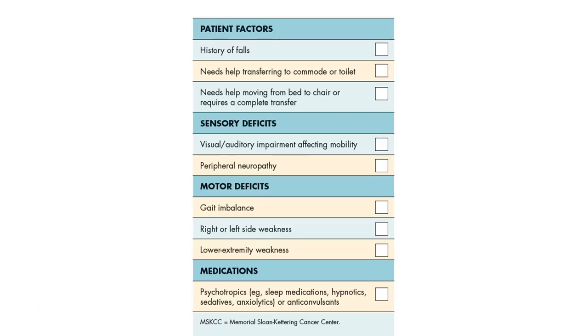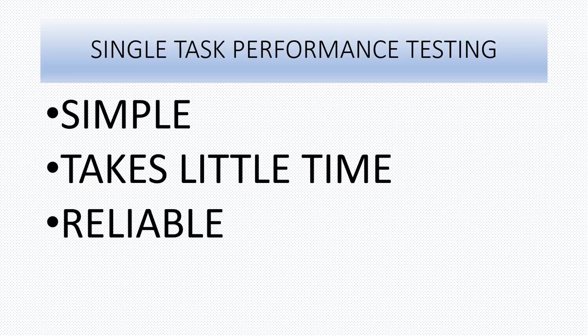Do they have a hemiparesis? Do they have weakness? Are they on drugs that can affect their gait? So you can make this as simple or as complex as you feel is compatible with your style of practice, but some form of gait assessment and balance assessment and fall risk assessment probably should be incorporated.